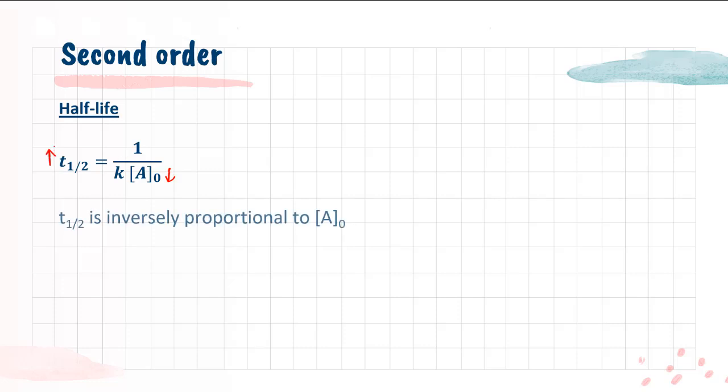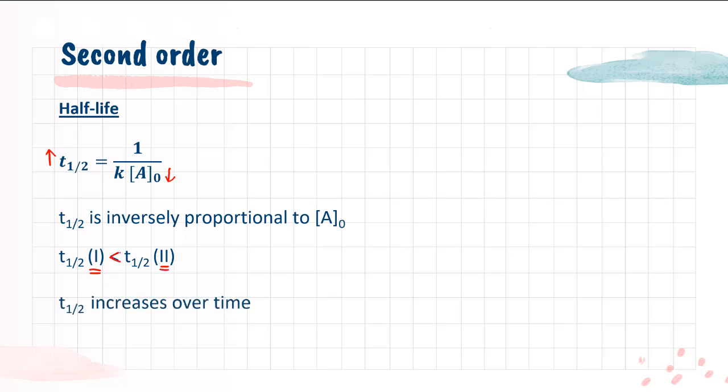And lastly, for half-life: for second order, t half equals 1 over k times the initial concentration. So if your initial concentration decreases, your half-life increases. You can see that the half-life for the 3 different orders has different patterns. For second order, half-life is inversely proportional to the initial concentration, so the first half-life will be smaller than the second half-life, and the half-life increases over time.